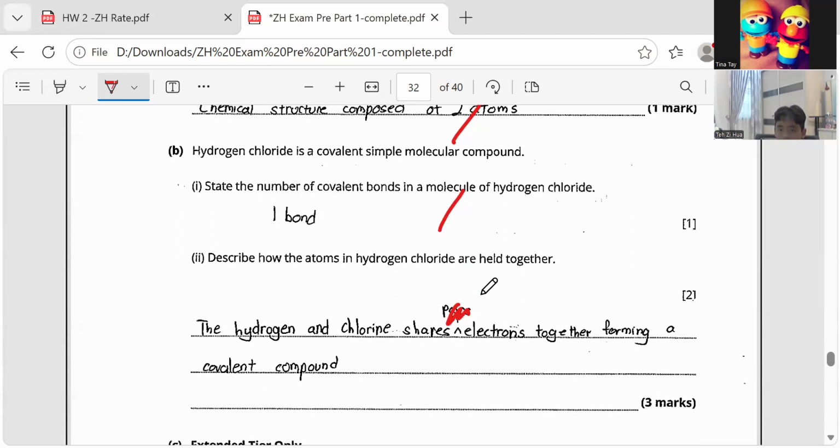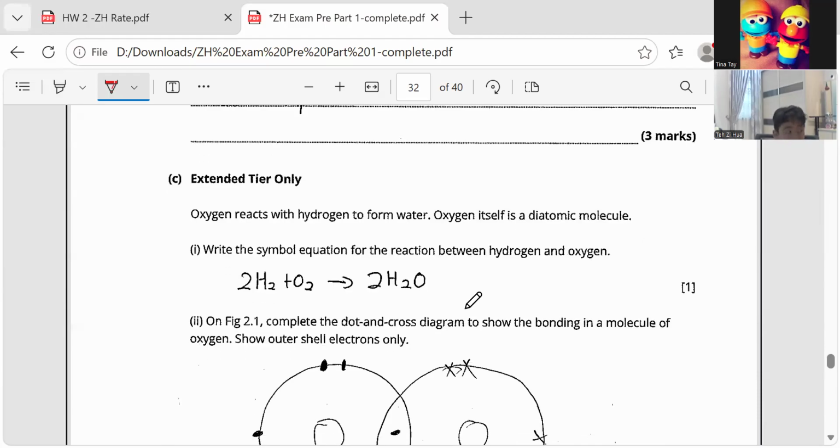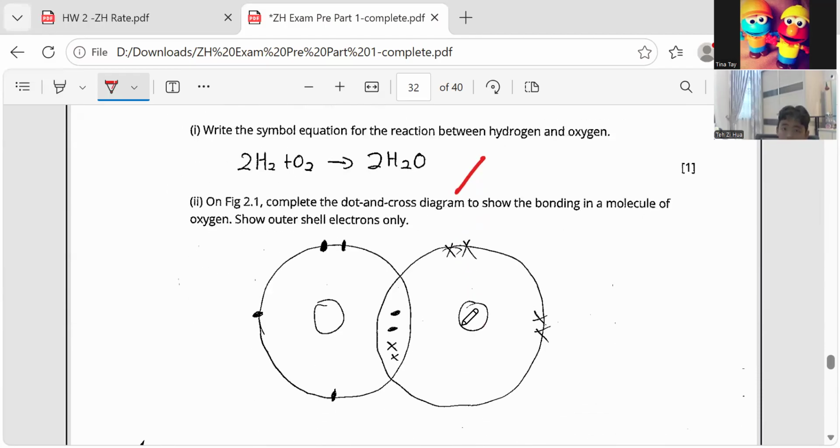So not pairs of electrons, a pair of electrons together. Okay. This one you cannot write like this. It's dot and cross. Okay, can you please change it? Okay, done? Okay. Yeah.